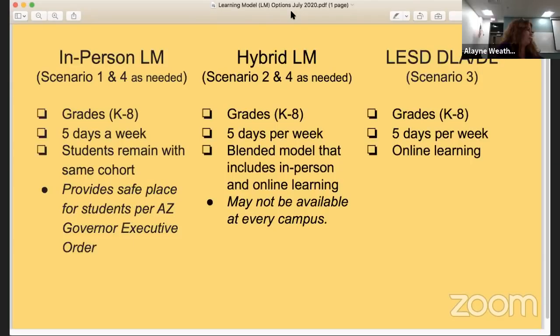It's just going to be delivered in a different way. It's going to be hard for us to jump into all of these models right away, but I'm confident we're going to do it successfully and in a professional manner. Know that our teachers will have access to the same resources and each other no matter what model they're in, and have breaks throughout the day and all the things they would have in a typical year, if possible.